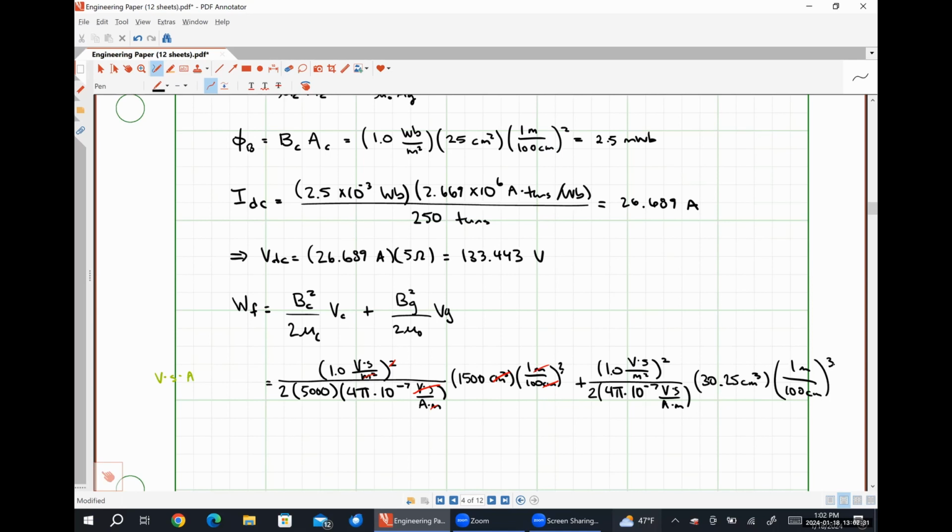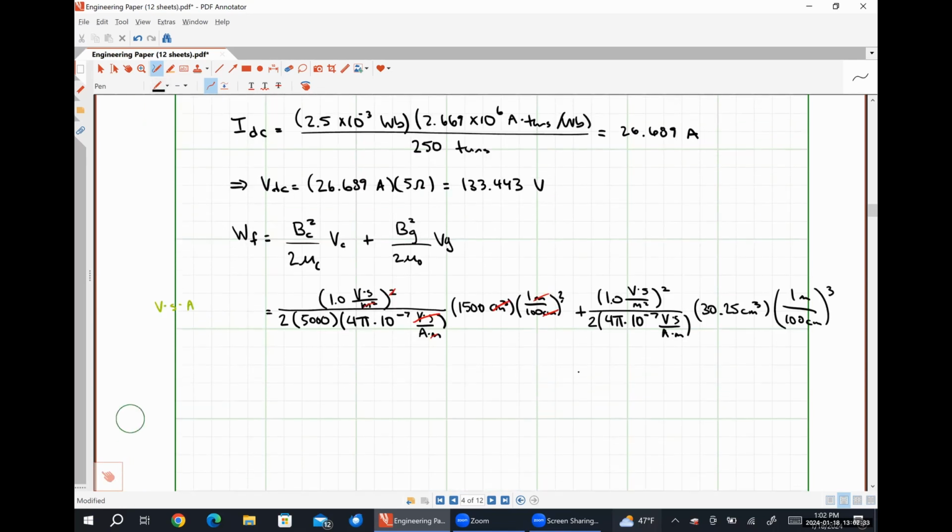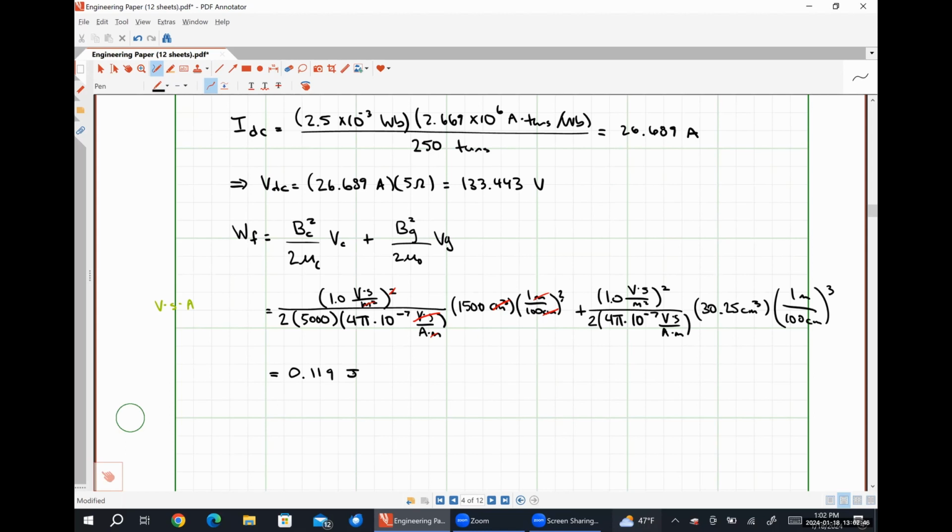The units all cancel out the exact same way. So my contribution of the energy stored in the core is 0.119 joules. And then the energy stored in the air gap is actually going to come out to be 12.036 joules.